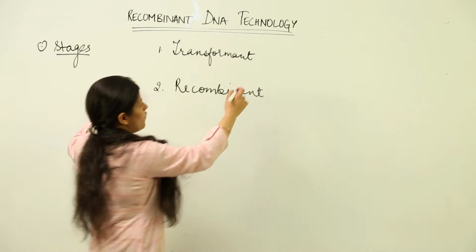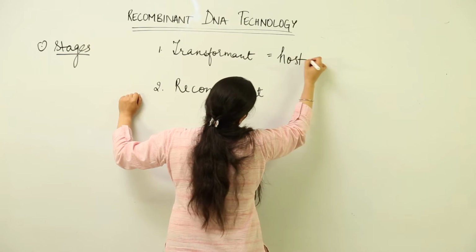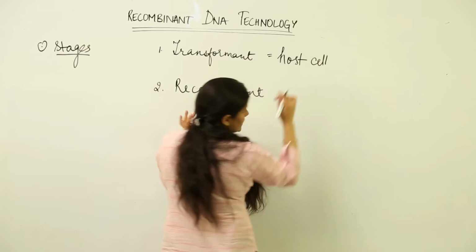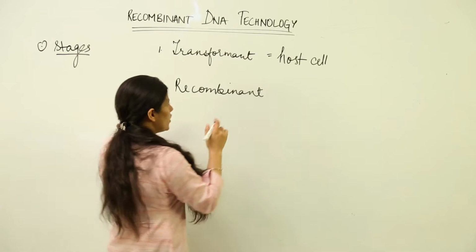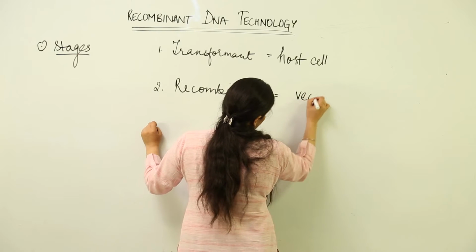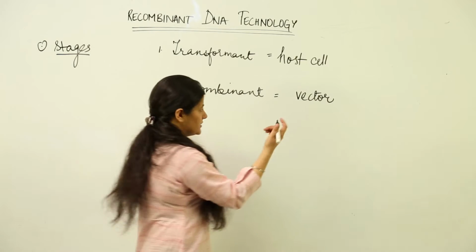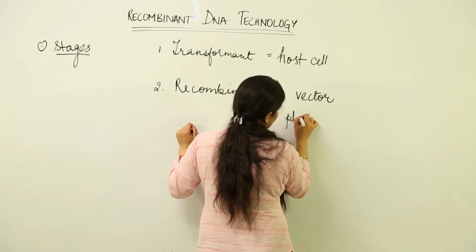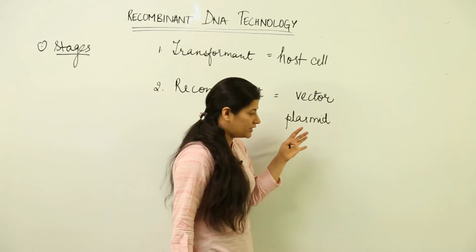Now what is a transformant? Transformant is the host. It is the host cell inside which the recombinant is incorporated. Now what is recombinant? Recombinant is that vector. You remember what a vector was? We usually had the example of plasmid, and we had discussed the purpose of the vector, why we have a vector in this rDNA technology.